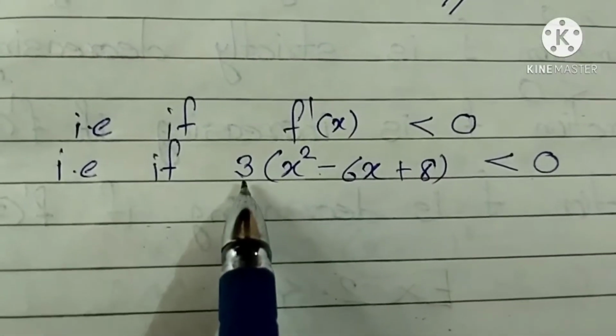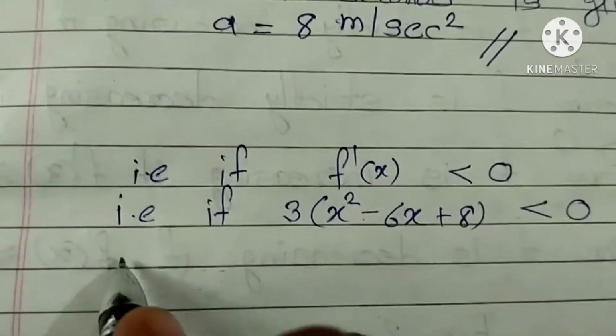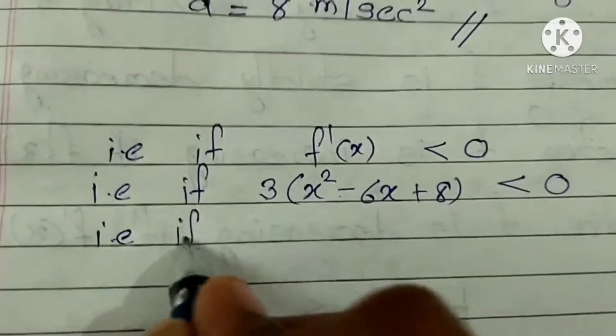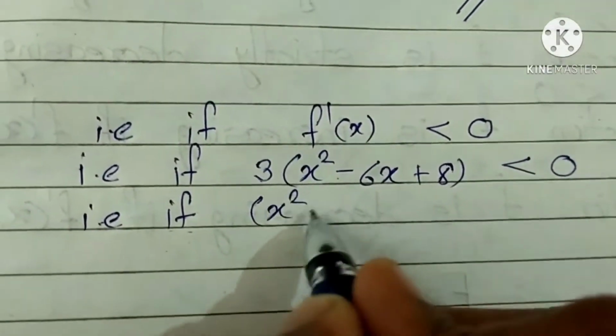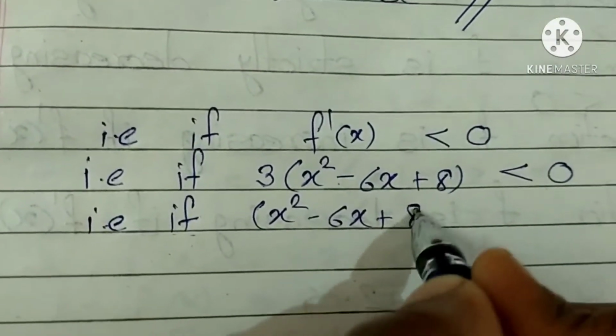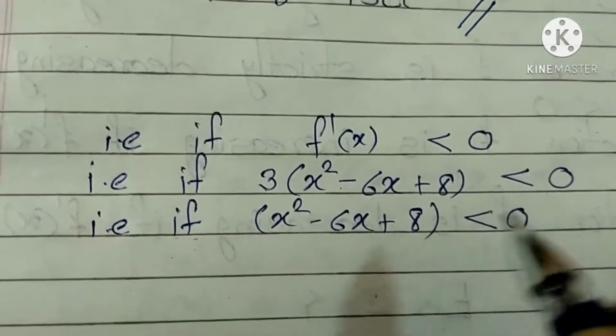Now 3 is never less than 0, so only this factor can be less than 0. We take x square minus 6x plus 8 strictly less than 0.